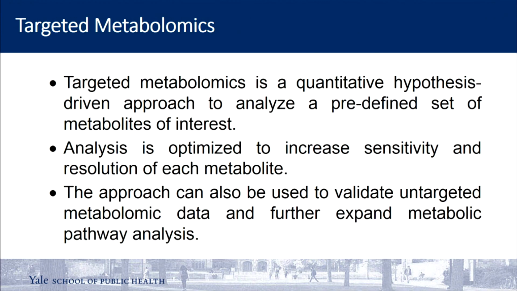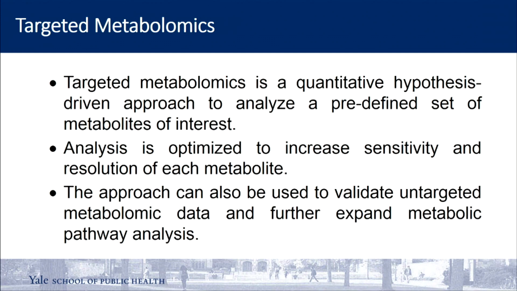In addition to untargeted, you have targeted metabolomics, where you have a few molecules, or 100 molecules, that you have identified from your untargeted analysis, and then you can quantify those molecules in your population, in cells, and so on. The analysis is optimized to increase sensitivity and resolution for each metabolite.